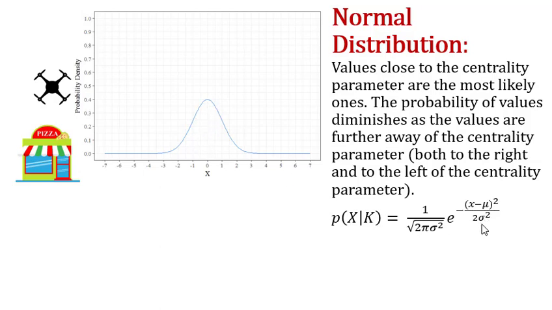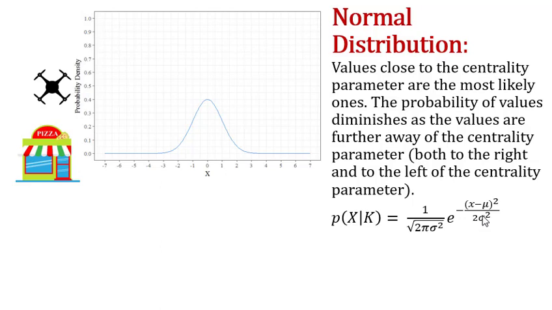If the sigma is very small, then there will be a very huge peak here, and so the values will be very highly likely very close to the centrality parameter, to the mean, which is 0, and as soon as they go away from 0, the values are very, very unlikely.